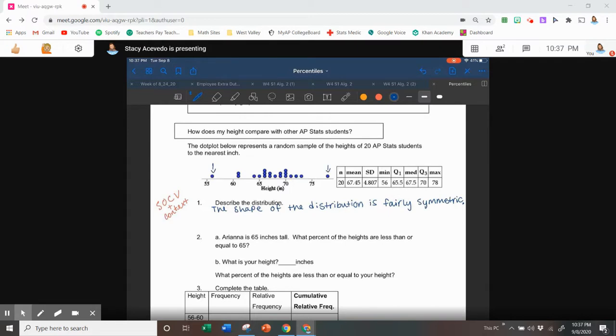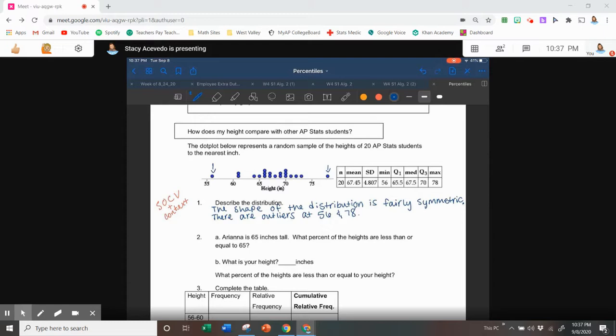So there are outliers at 56 and 78. You can do your IQR rule just to be sure, but for time's sake, I'm going to say 56 and 78 are outliers.